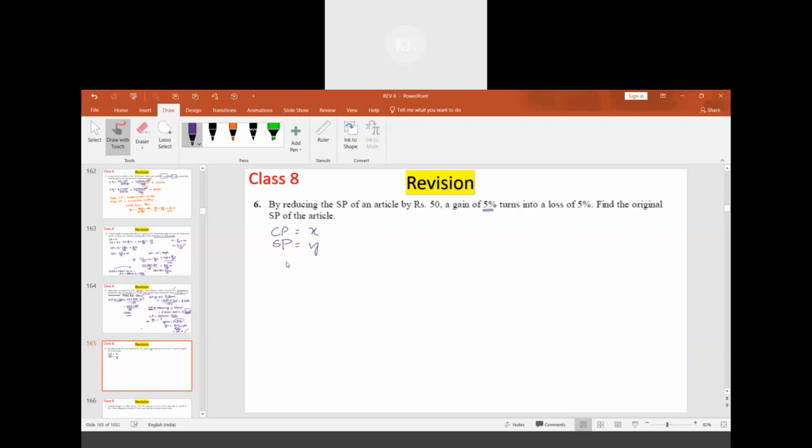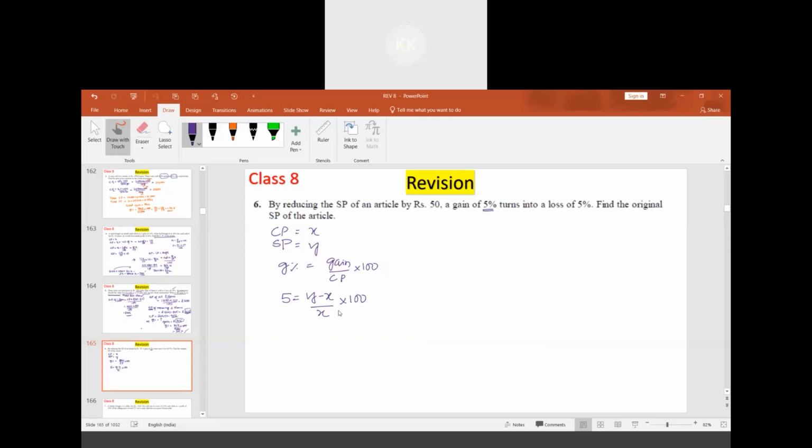We know that gain percentage is given by gain divided by the cost price into 100. So 5 will be equal to gain, which is y minus x, divided by x into 100.